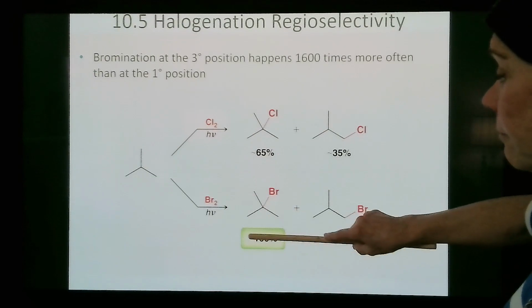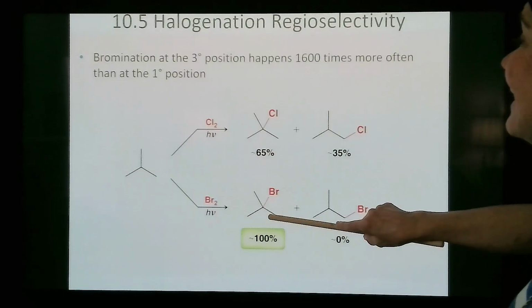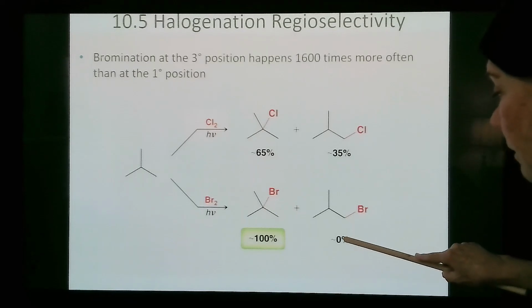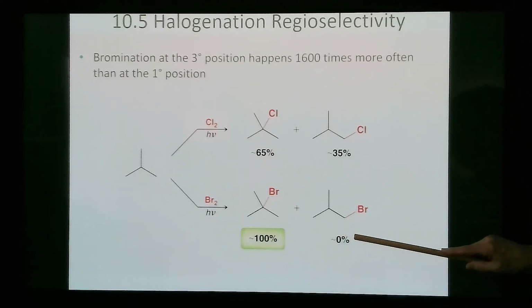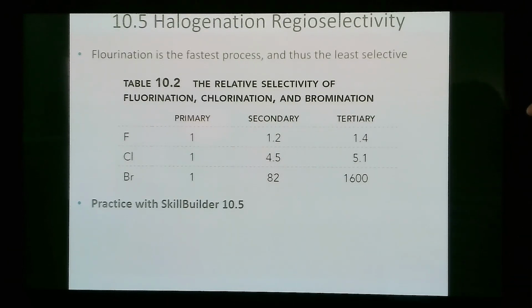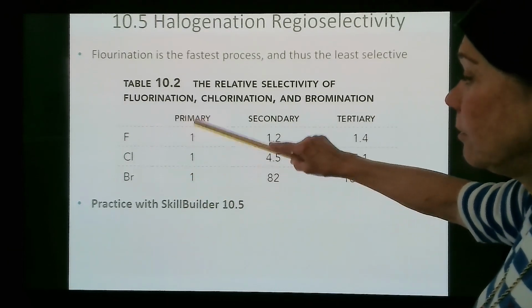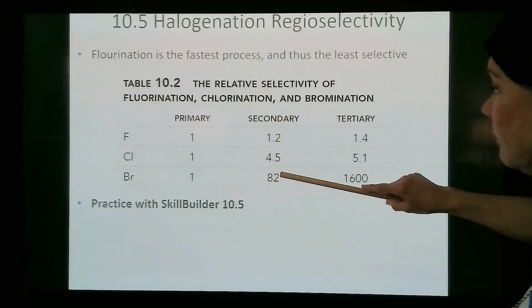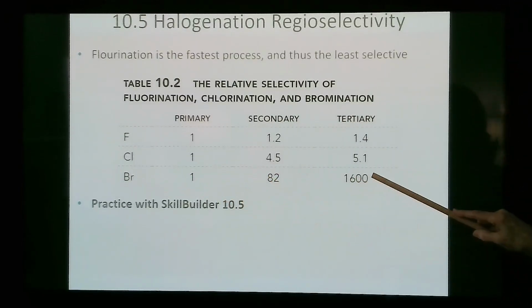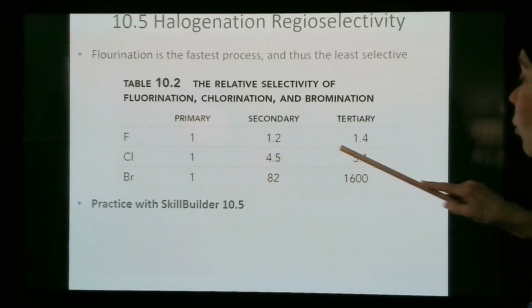And here, bromination happens 16 times more often than that. So there's a little bit of this, but it's essentially 0. And here, this shows the relative selectivity for bromination at the primary position versus secondary position versus tertiary position. So bromination is much more selective than chlorination.